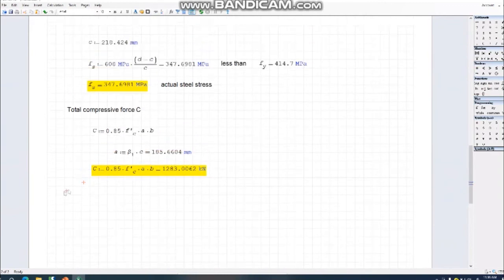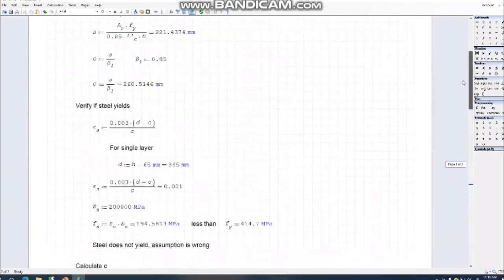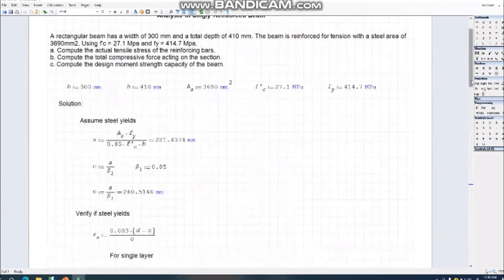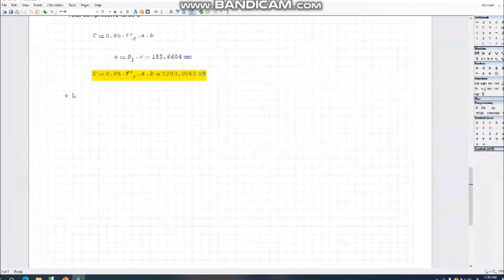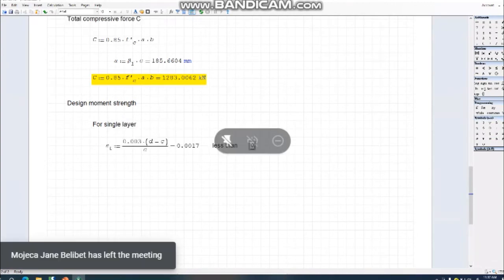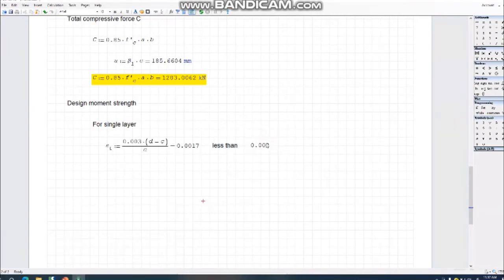Okay, finally, nominal moment strength. Design moment strength. Again, for one layer, since i-assume natin na single layer ni siya, then it's obvious nga this is compression control.